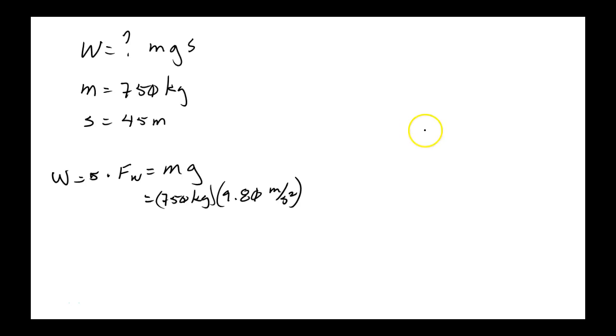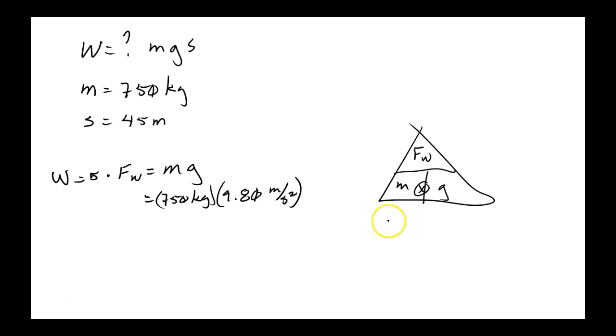You like the triangle? Okay. You're looking for force due to weight, and that's mass times acceleration due to gravity. On the bottom you put 750 kilograms times 9.80 meters per second squared, and that will give you a force equal to whatever that comes out to.